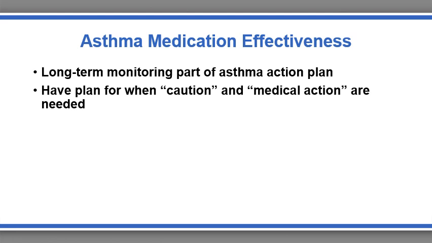That's where you get into those zones of asthma control. The yellow zone is the caution zone. That's when a person is at 50 to 79% of their personal best peak flow meter reading. That's as opposed to being below 50%, which is a medical alert, or what we call the red zone. So make sure you're familiar with all of those.